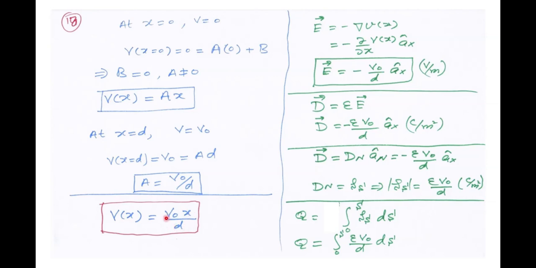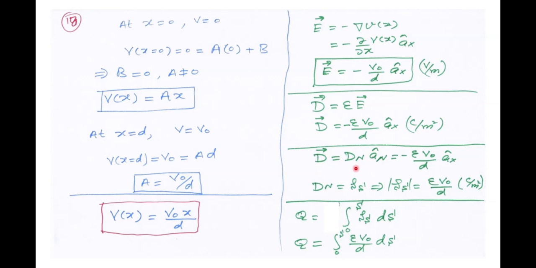Now from this function we can easily obtain the electric field using the negative gradient of the scalar potential. And let us assume that the insulating material in between the two conducting plates is some dielectric material having a permittivity epsilon. So we can also obtain the D field using the expression of the E field.